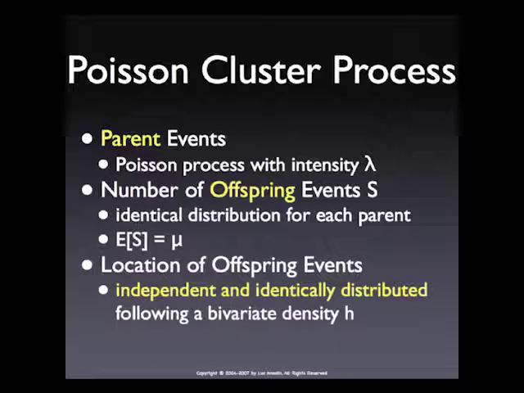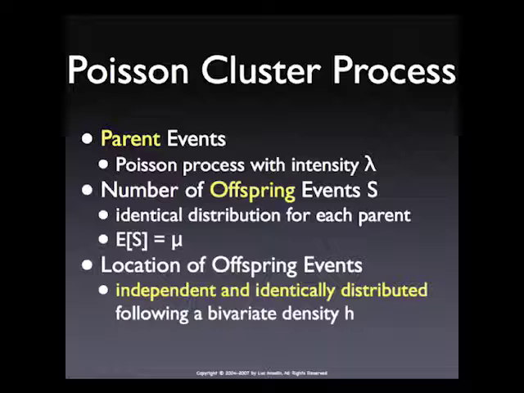And within that area around the parents, they have to be independent and identically distributed. So the siblings don't hang out together. Where one sibling lands doesn't affect where the next sibling lands. They're completely independent. And you put these three things together, and you generate a process that is clustered.